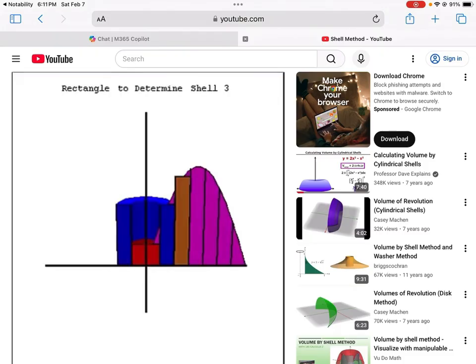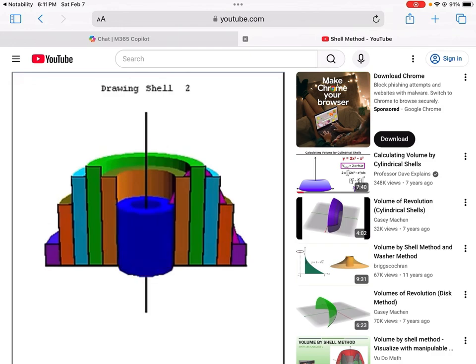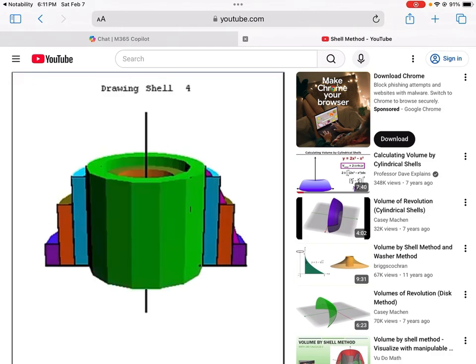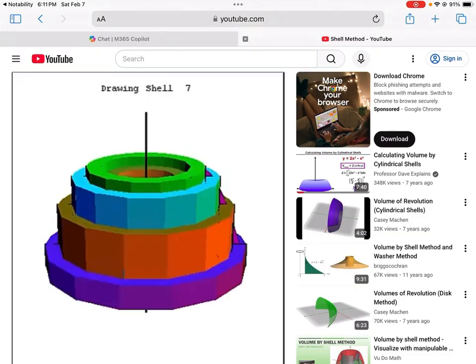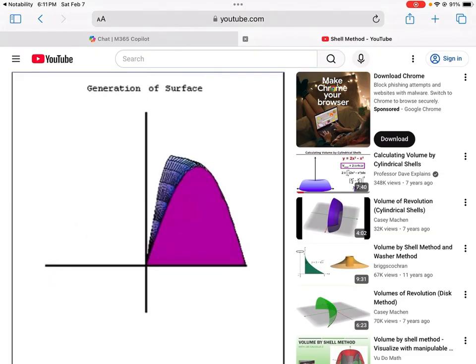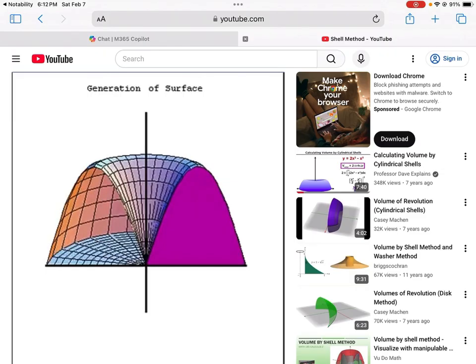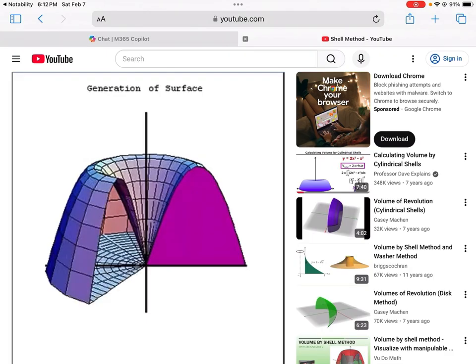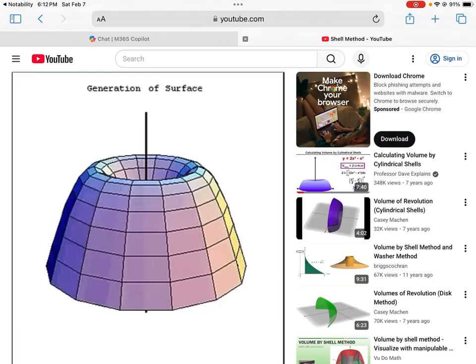Now drawing the shells, this is how it looks, and when you have a lot of those strips, this is how we get our solid.